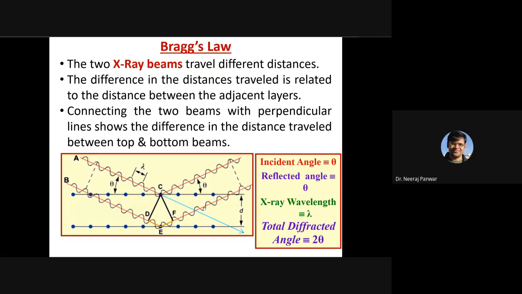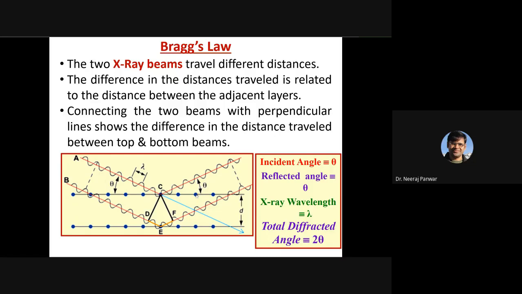And since the intensity is proportional to the square of the amplitude, we will get enhancement in the intensity. So you see the reflected angle is theta, the wavelength of the incident X-ray is lambda, and the angle between the incident X-ray and the reflected X-ray is 2 theta.